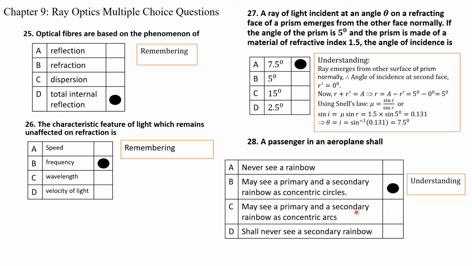The correct answer is a passenger in an aeroplane may see a primary and a secondary rainbow as concentric circles. Okay, you have to lock this option B. You have to understand and lock it.